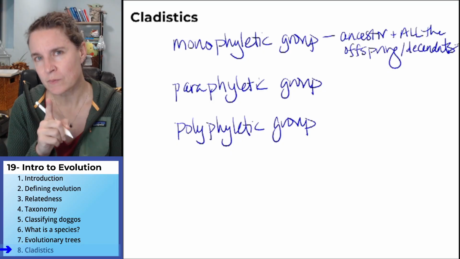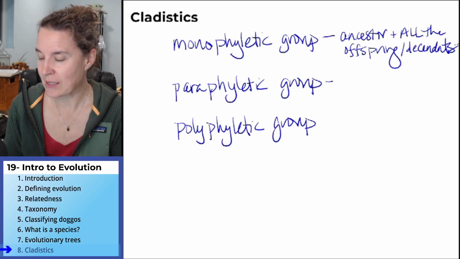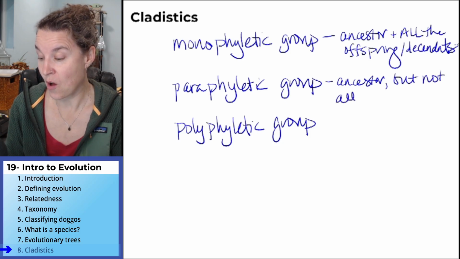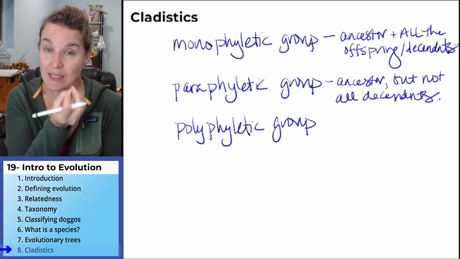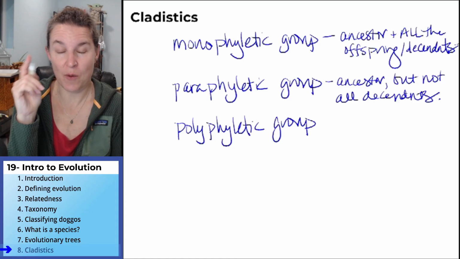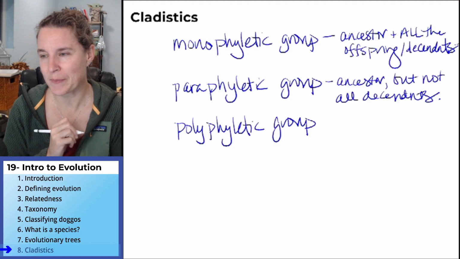A paraphyletic group contains an ancestor, but not all descendants. So the ancestor is there, and some of the descendants are there, but not all of them, and that is considered a paraphyletic group.